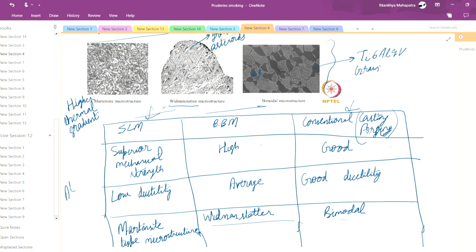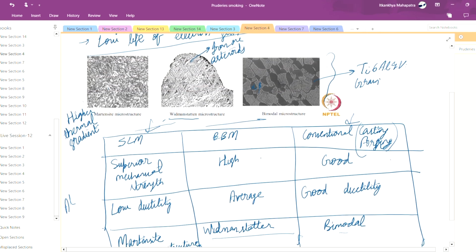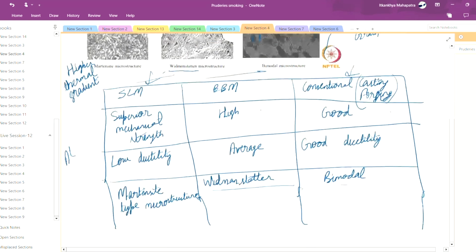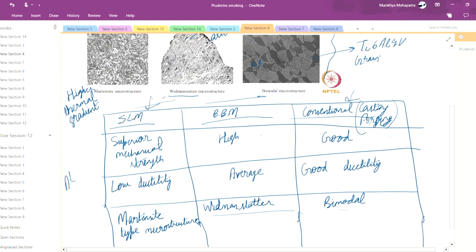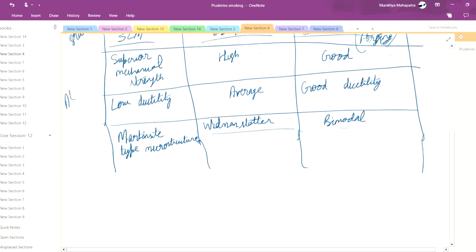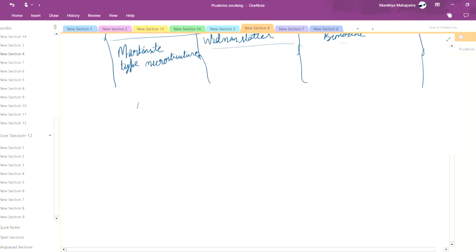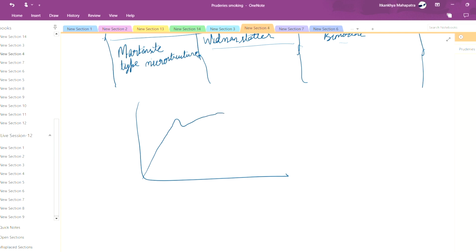So based on the application of your product, we can select which type of process we want to use: SLM, EBM or conventional. Suppose we go with a stress strain curve. This is a normal stress strain curve of a mild steel.